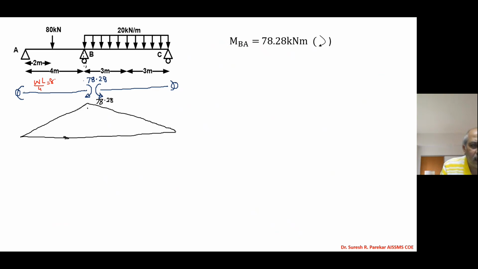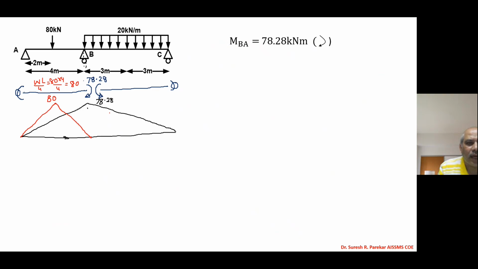W we have 80, L we have 4, upon 4, and we will get 80. Now this is 78, so we will be very close to the height, the same as this, because 78.28 and 80. So this is point B. We will draw this diagram and this will again be triangular having value 80.